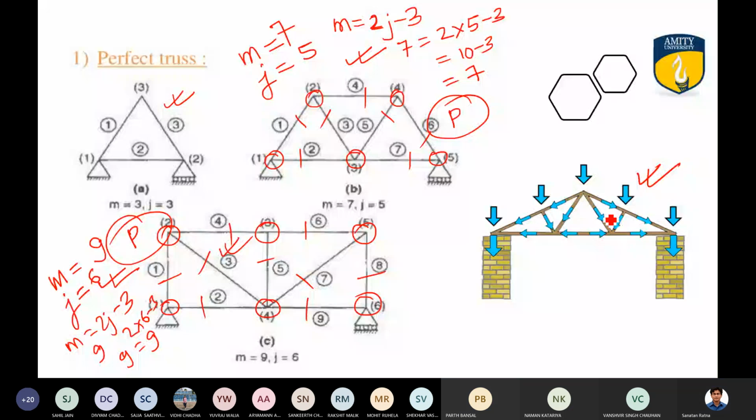Please tell me what is the number of members here. See whether it is perfect, imperfect, whatever it is. Everyone please calculate M and J.